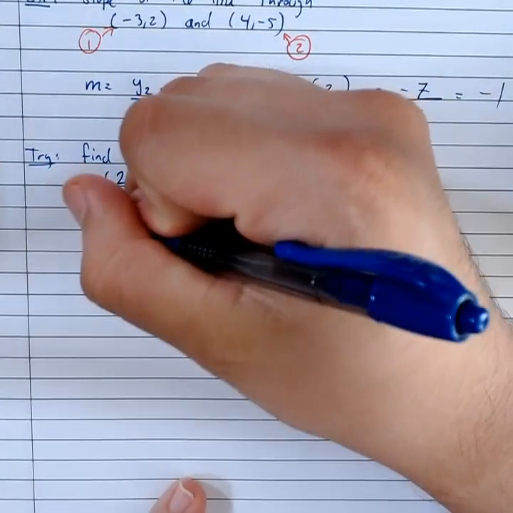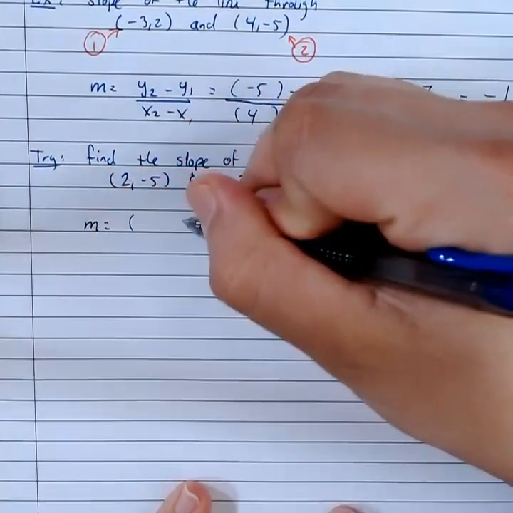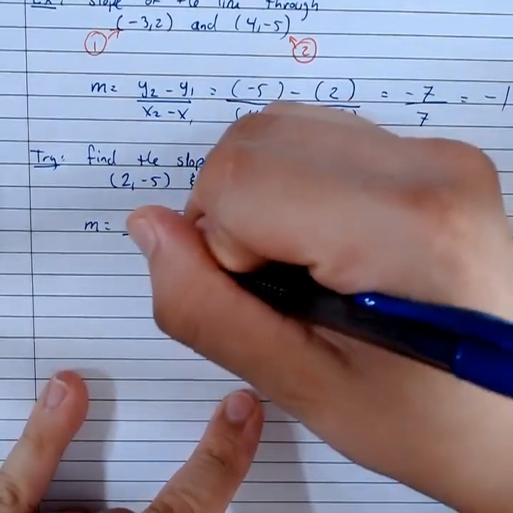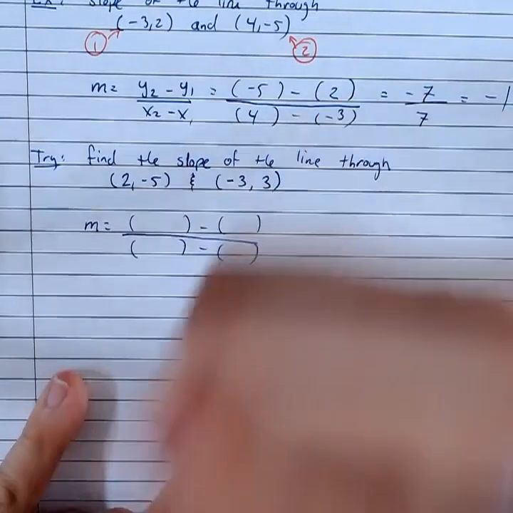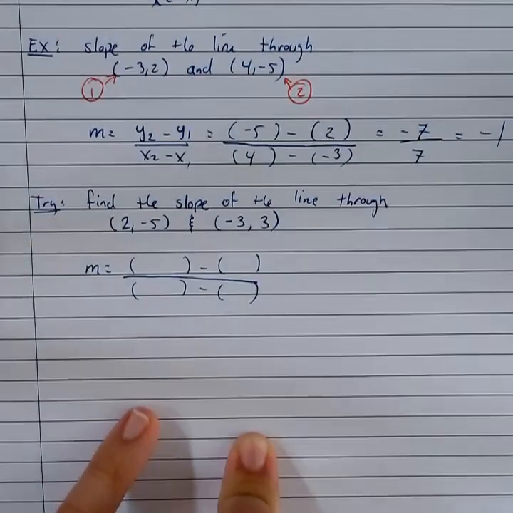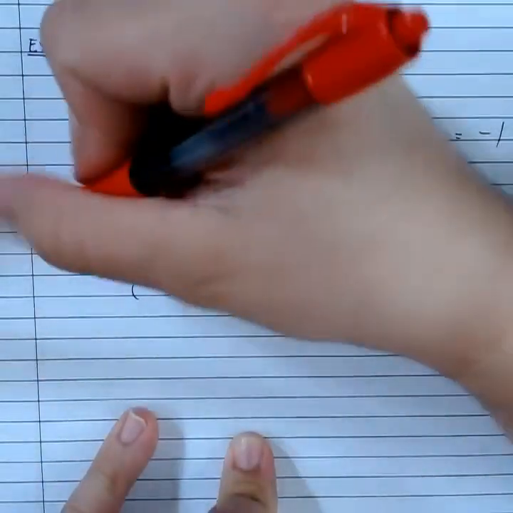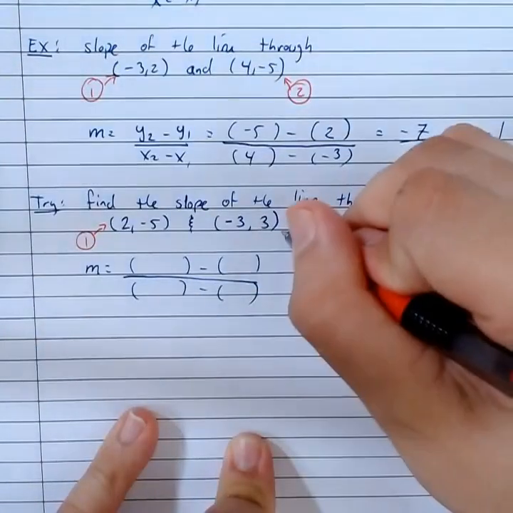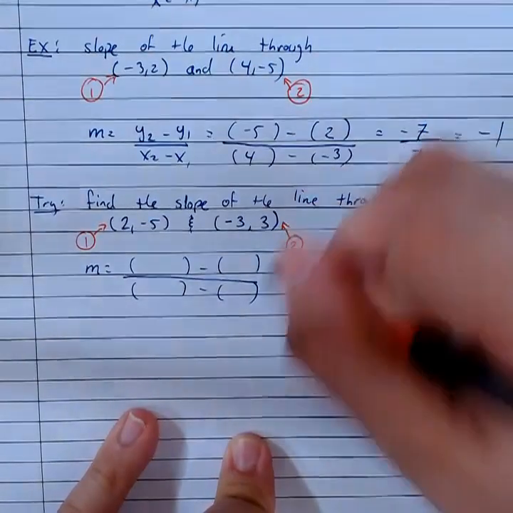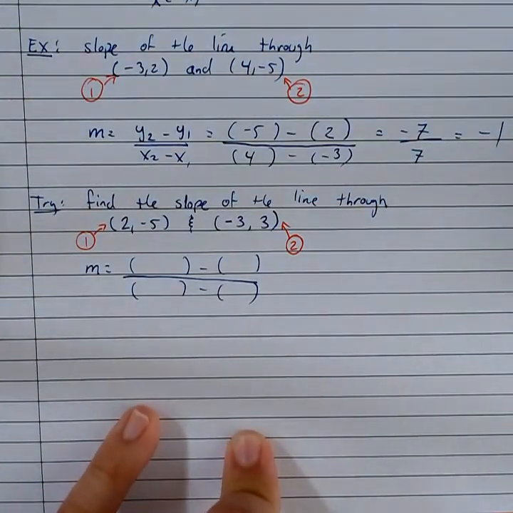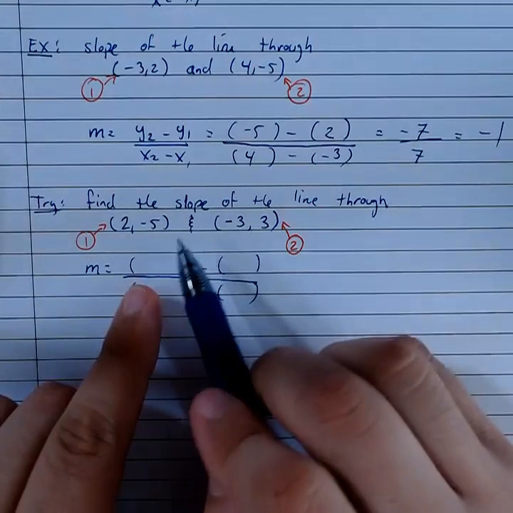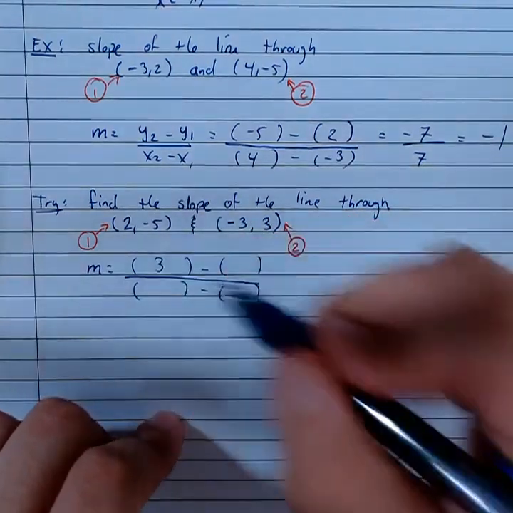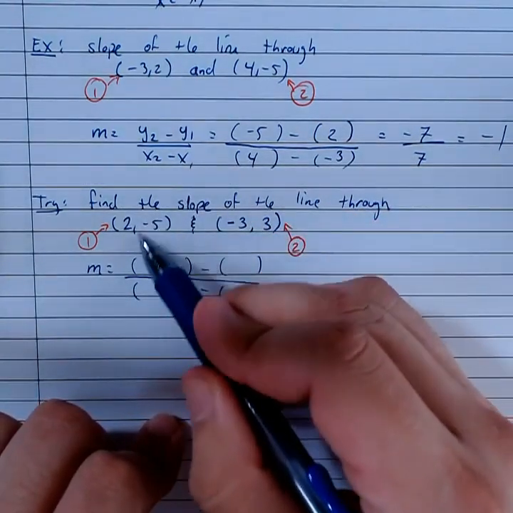Okay, so the slope of a line is given by y2 minus y1 over x2 minus x1. I can fill those numbers in as long as I make a choice for point number 1 and point number 2. Here I'll call this point number 1, and I'll call that point number 2. Y2, that's the number 3, minus Y1, that's negative 5.